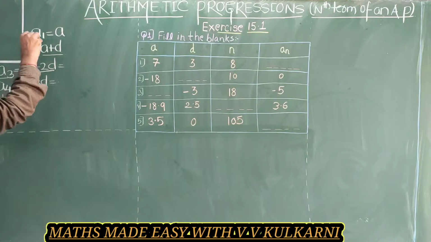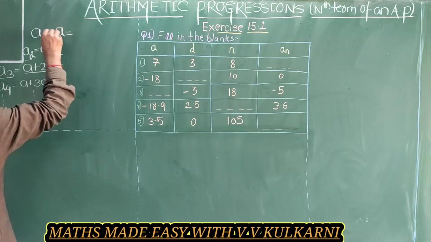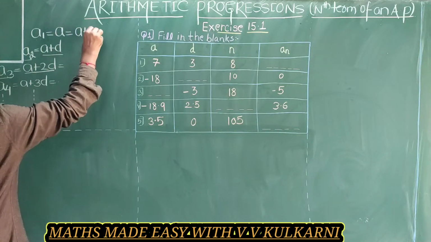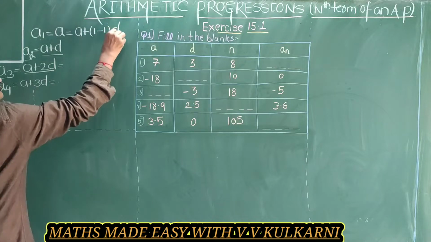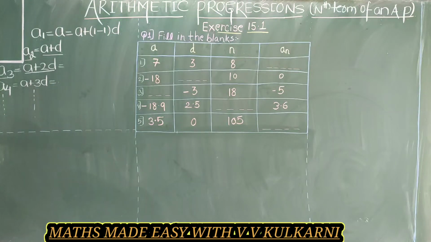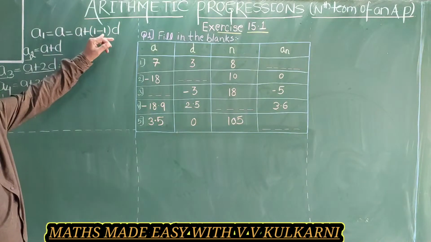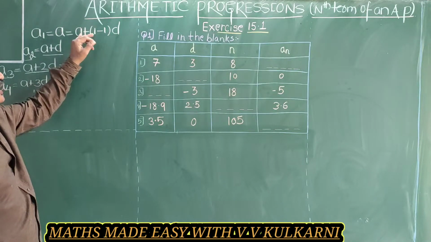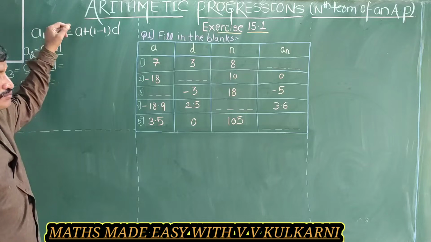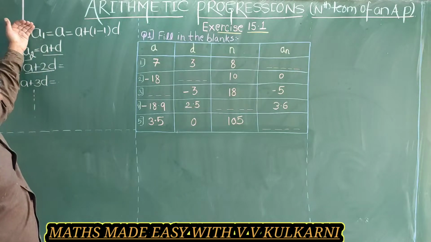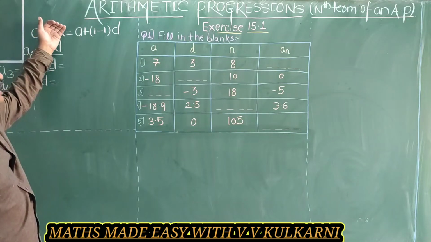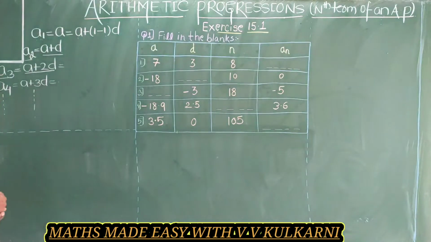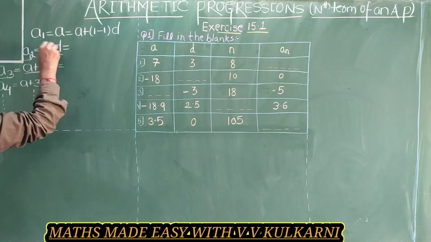See here, if I write this like this, A1 is equal to A plus 1 minus 1 into D. Let us see what I have done. 1 minus 1 is 0, into D is 0. So A plus 0 is again A. Instead of writing A1 as A, I am writing it as A plus 1 minus 1 into D. Now here A plus 1D is there.